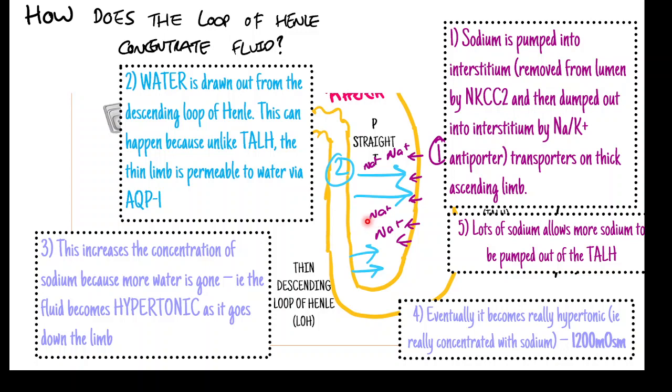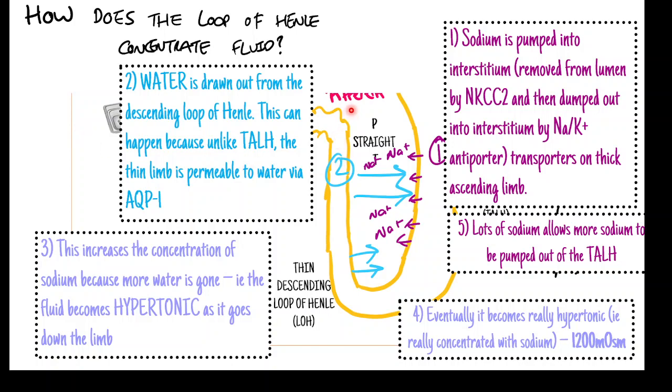So a concentration gradient is maintained throughout. Stuff can move, water can be drawn out throughout, which means water can be absorbed throughout. So the point of the nephron is to absorb water throughout the loop of Henle. Okay, hopefully that makes sense, maybe a little bit of sense. If not, I'm sorry. It's a really hard topic.